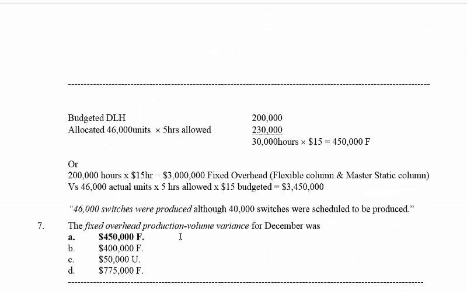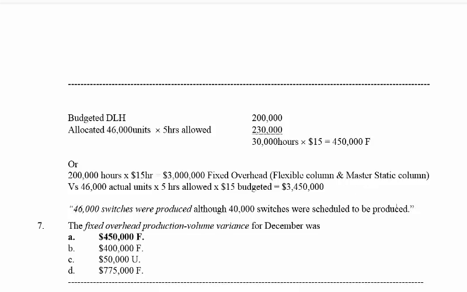Number 7, they want us to calculate the fixed overhead production volume variance. Now, this one is a little bit different in how we go about looking at this. We can do it one of two ways.